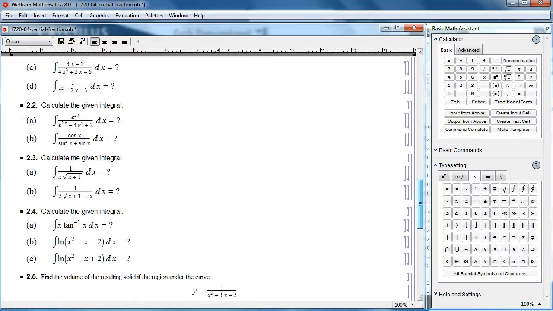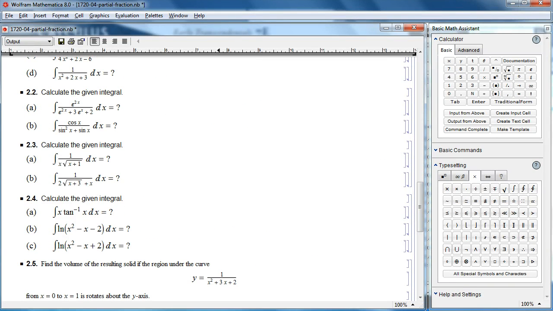And then if you're gonna go a little bit further, then these kinds of problems, 2.2 and 2.3, with a bit of substitution will give you quite a bit of challenge.